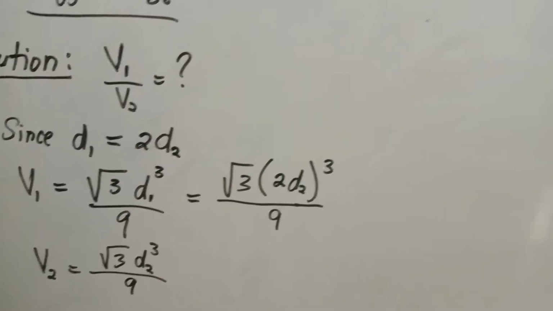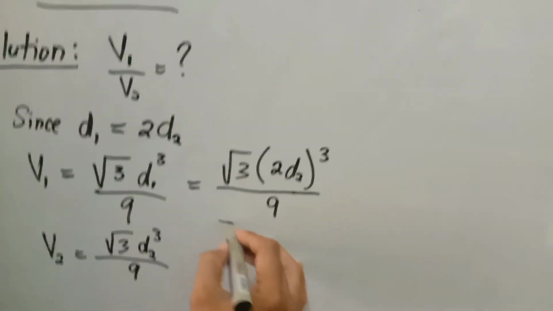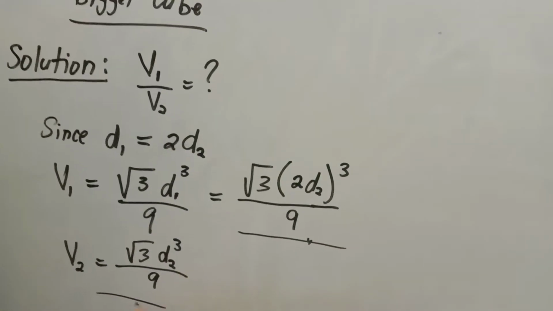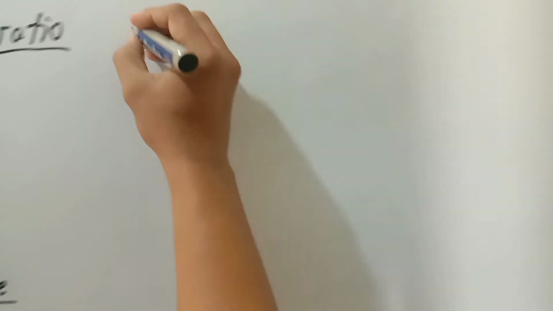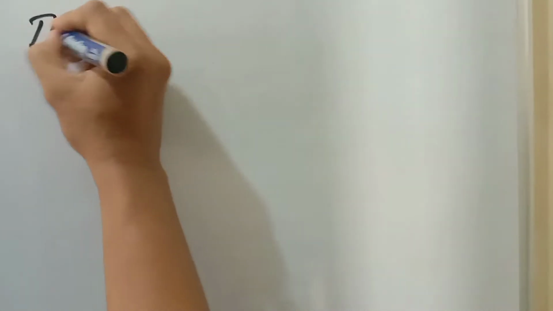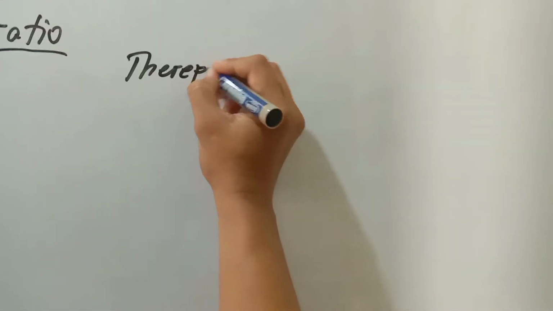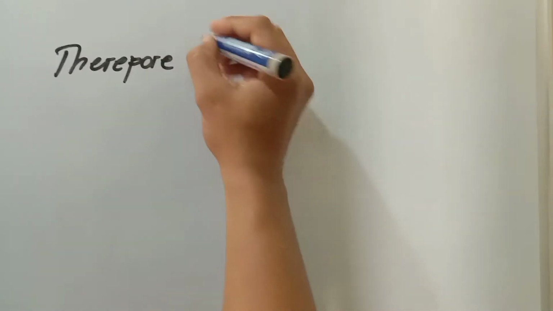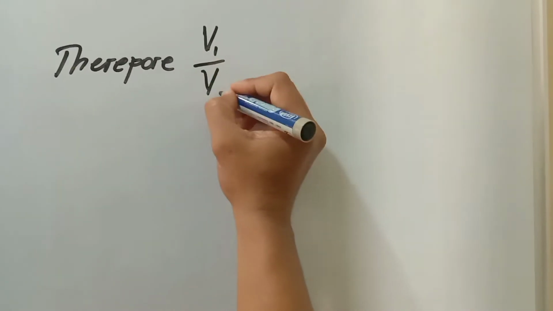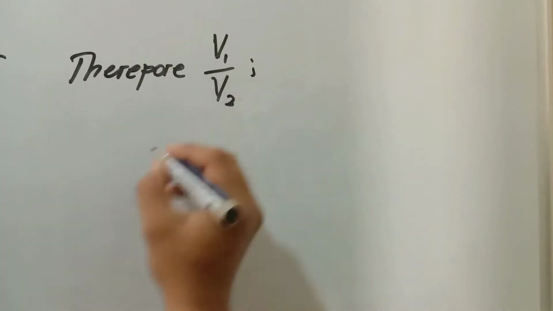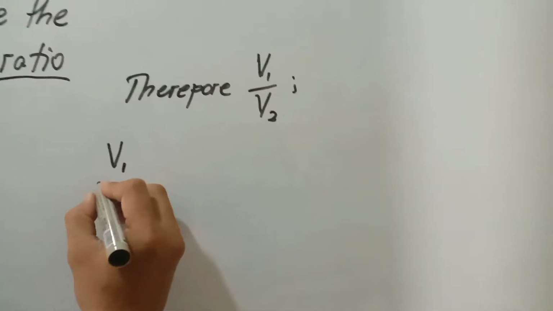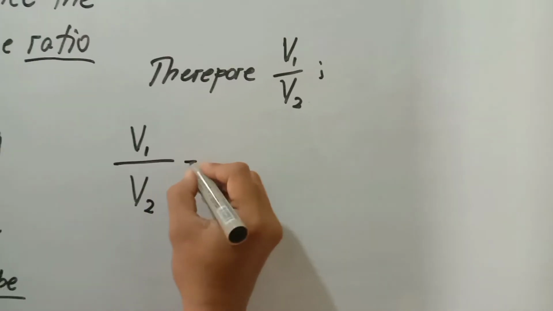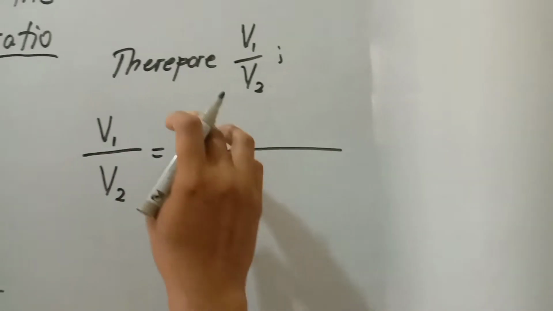Now, we will substitute these values to this expression for the ratio. Therefore, V1 over V2 is equal to, how much is V1 here?